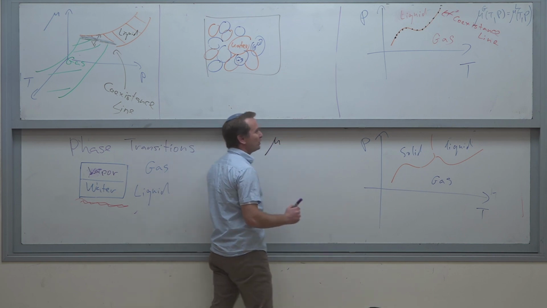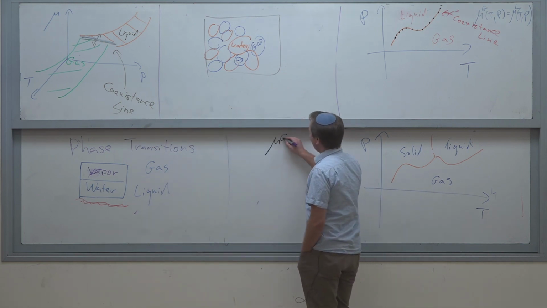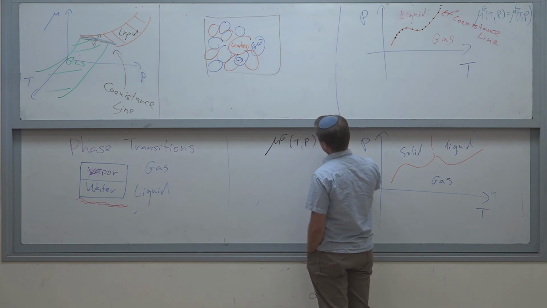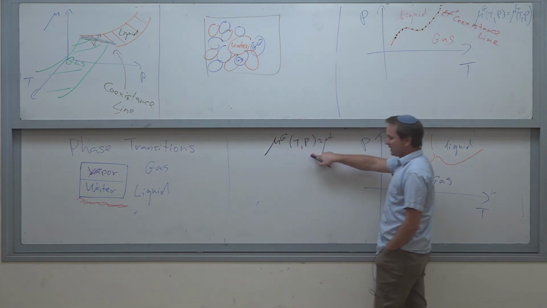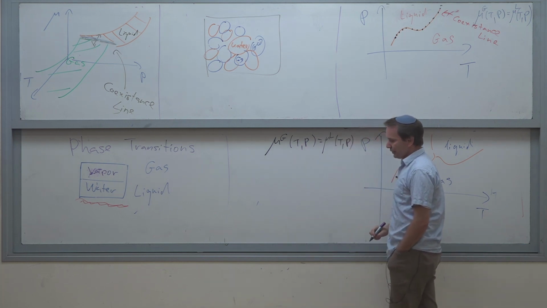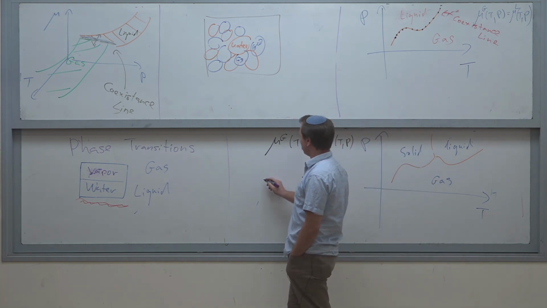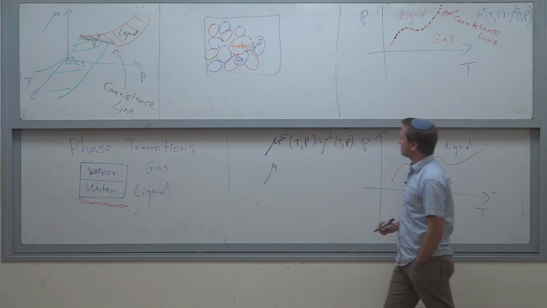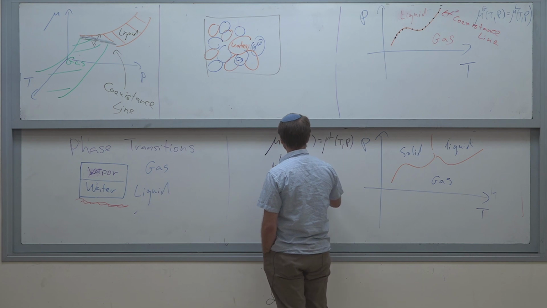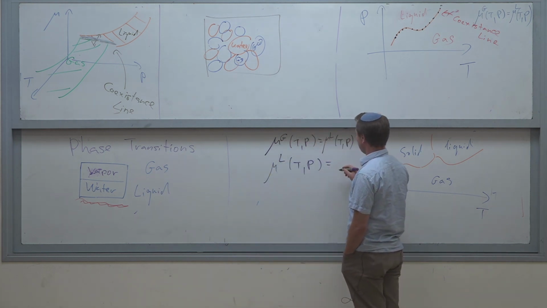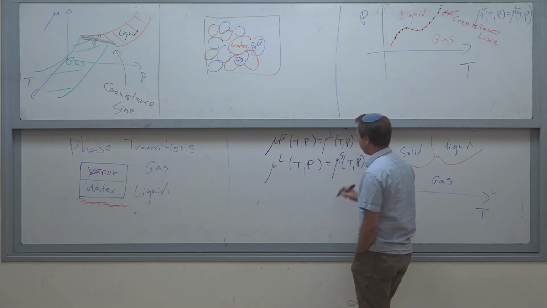I know that the coexistence line of gas and liquid is satisfied by this equation. I also know that there is an additional equation that is a coexistence of a liquid and, for example, a solid, mu of S, T, and P.